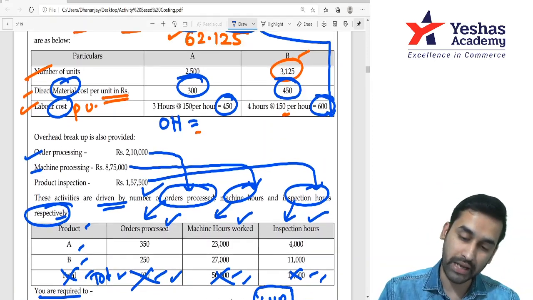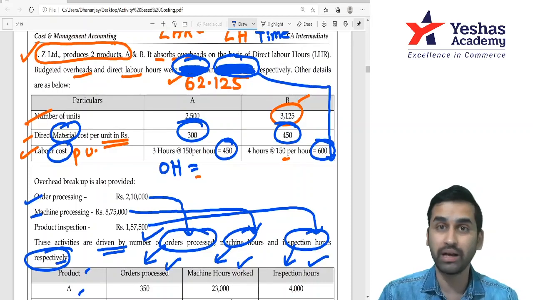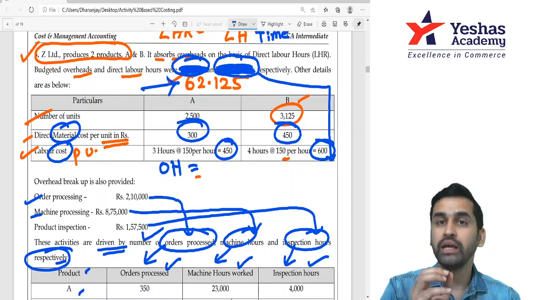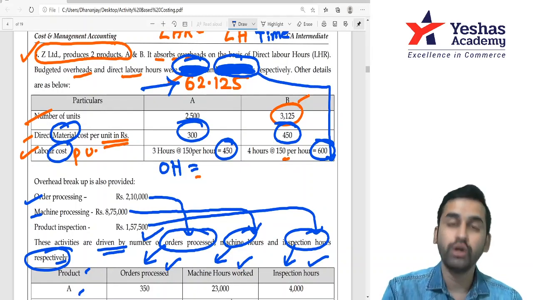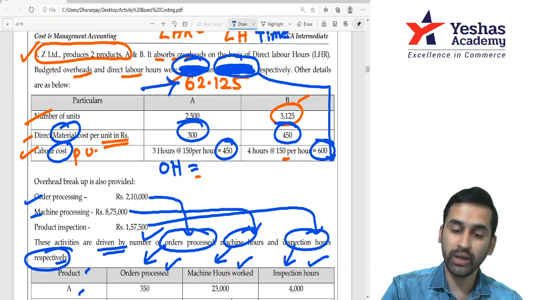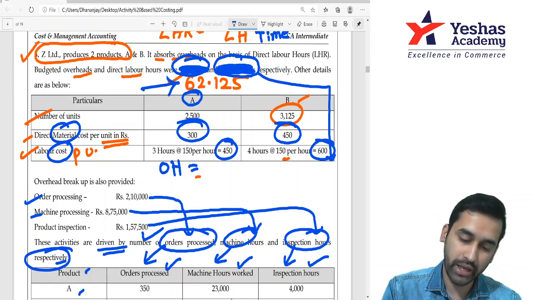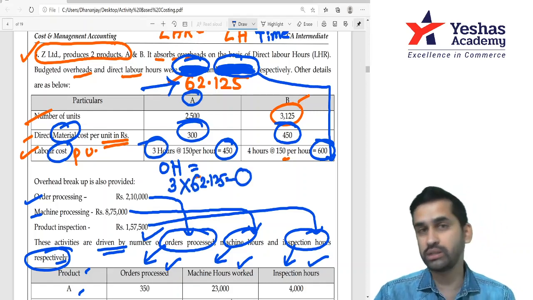Clear? Sir, how to calculate LHR? I've already shown you. 62.125 per labor hour. Remember, what did I tell you for 62.125? It is labor hour rate. That means if one labor works for 1 hour, overhead cost will be 62.125. To make 1 unit of A, you need 3 hours of labor. So 3 into 62.125, you will get the overhead cost.